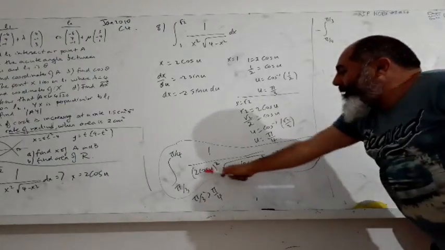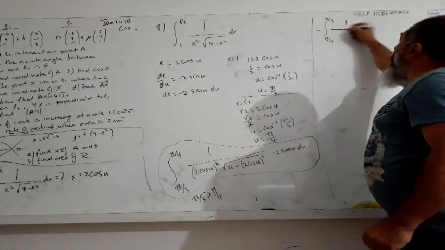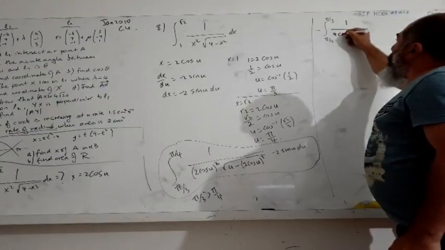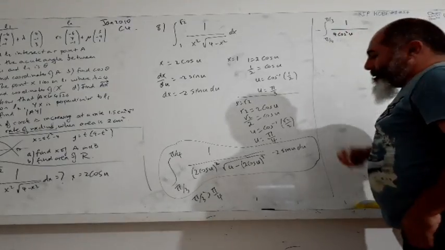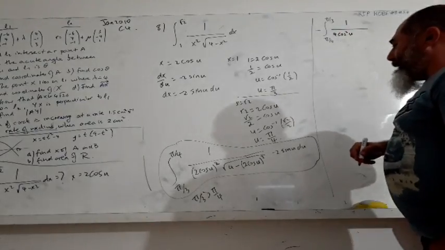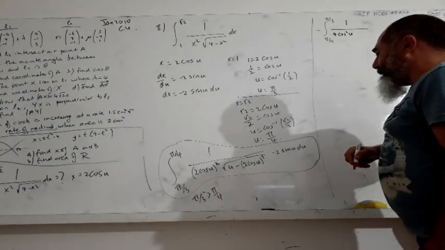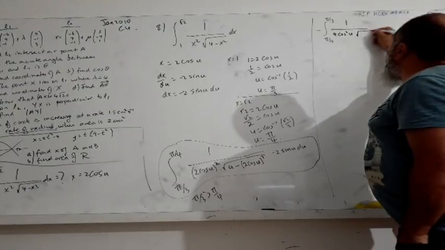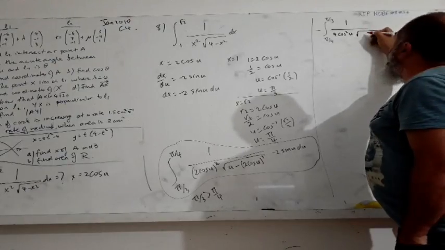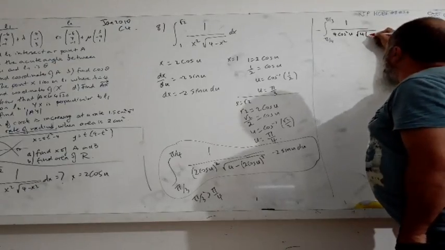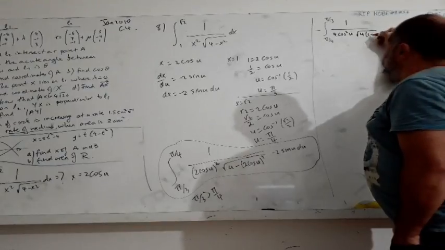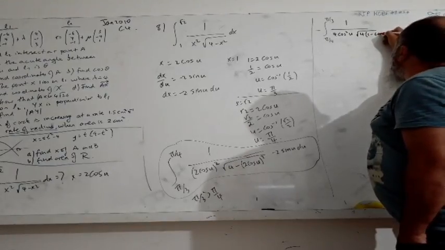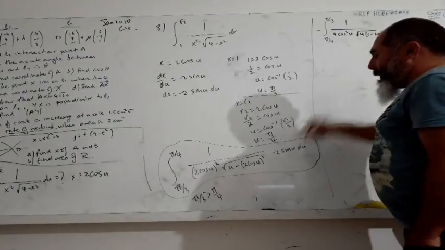1 over 4 cosine squared u, and under the square root, we are going to have 4 times 1 minus cosine squared u. Square root of 4 is 2.